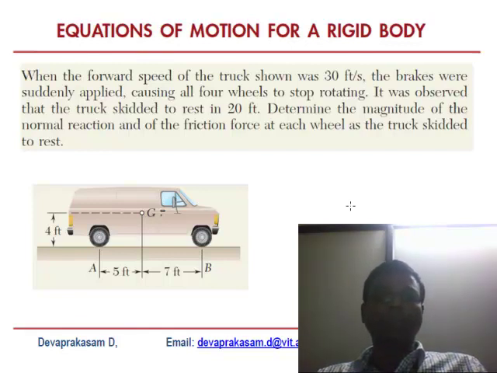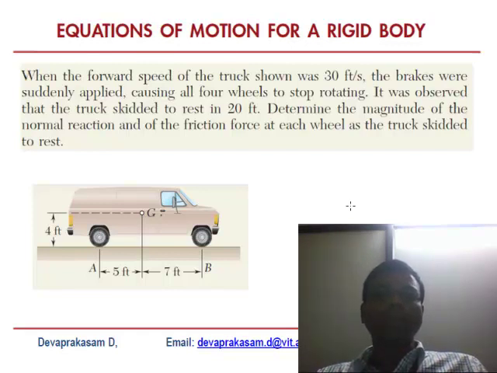Here gravity acts, so now you have to resolve these into forces and moment about A. If you take that equilibrium equation, you can easily find it out.